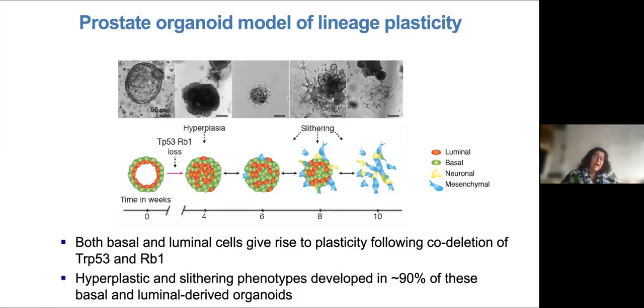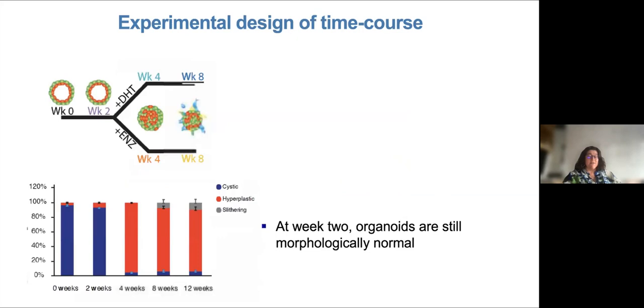Now, we were surprised that both the basal and the luminal cells, if we sorted them separately, are able to give rise to this plasticity. And this double deletion of these two genes is just really potent. Whether you're luminal or basal, about 90% of the cells develop these plastic organoids following the co-loss of these two genes. So we decided, okay, now let's see what's going on transcriptionally.